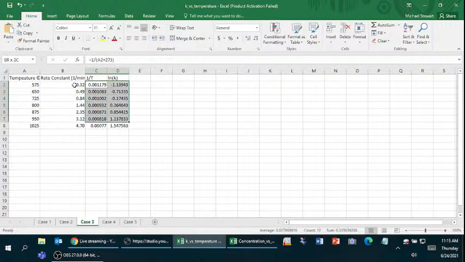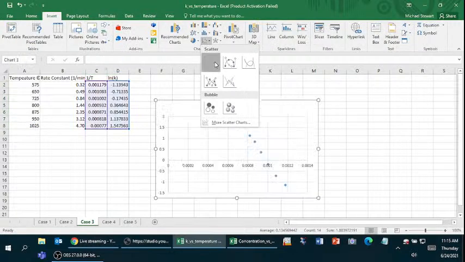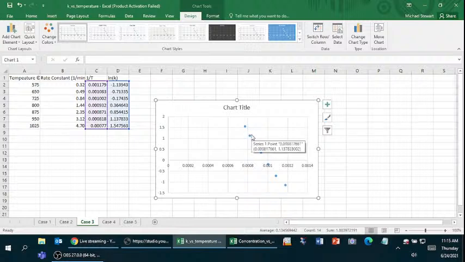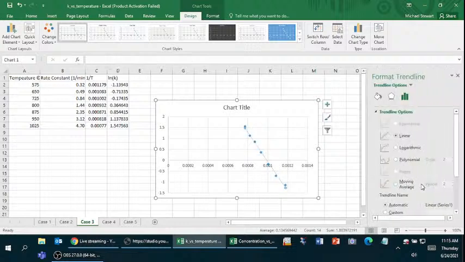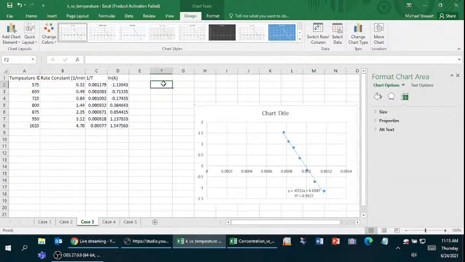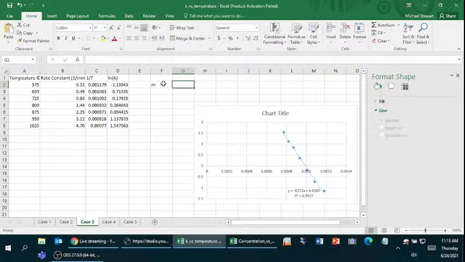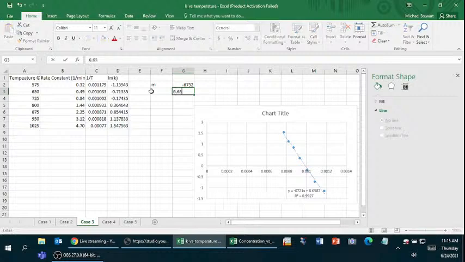And then we need to insert our plot. So here I get my slope is minus 6721, and my y-intercept here is 6.6587.